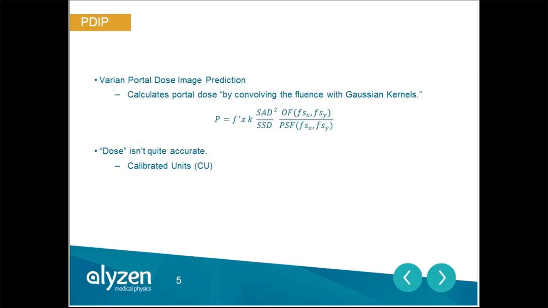But I want to be really, really careful about saying portal dose. We have to keep in mind that this is not technically dose. We're not using ion chambers. This is a diode array, and we have to calibrate this panel. And Varian has created this unit called calibrated units, or CU.